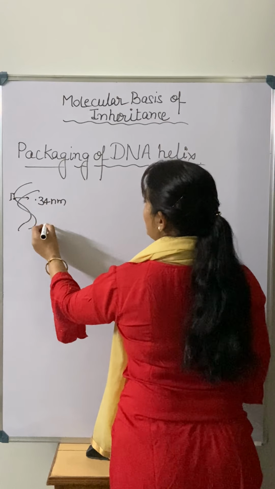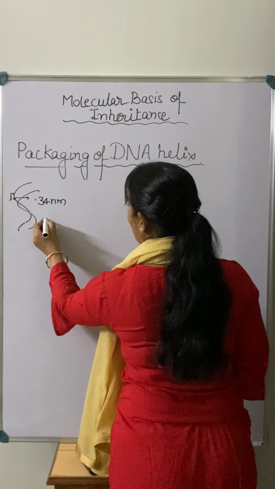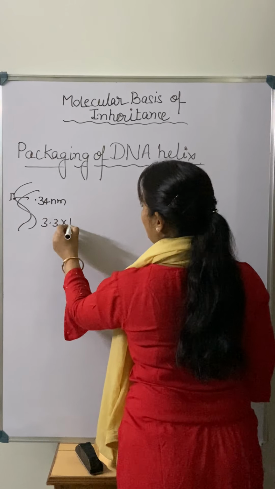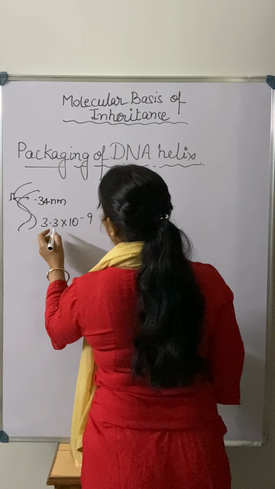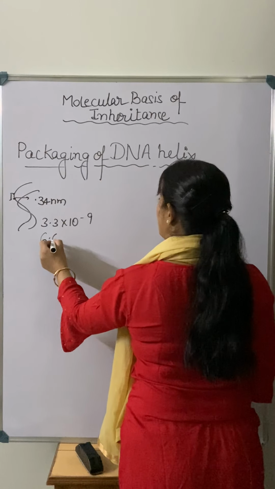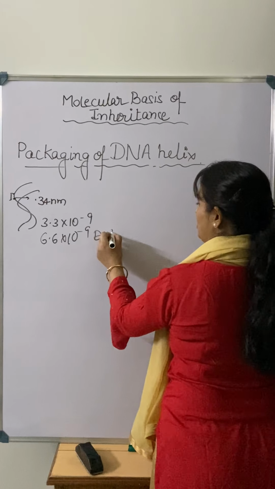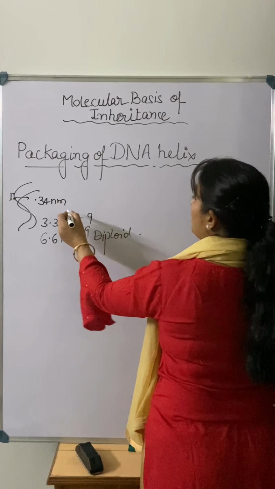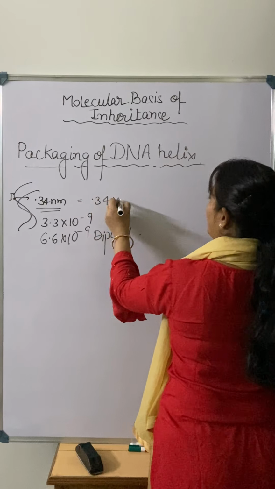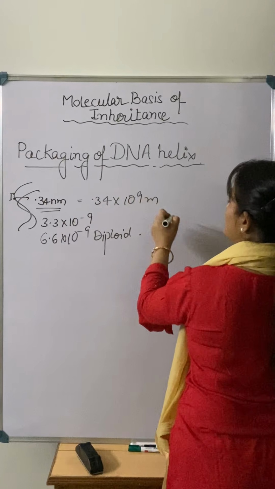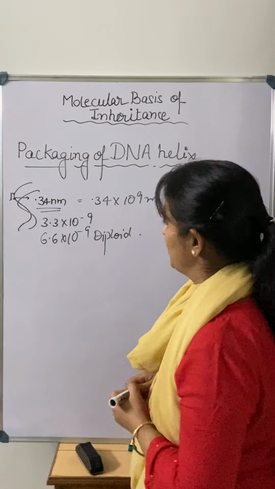And the total number of base pairs present in a haploid set is 3.3 x 10^9 base pairs, right? Now in a diploid set of chromosomes it is 6.6 x 10^9 base pairs. So if we convert it, 0.34 x 10^-9 meter is the actual distance between two base pairs.